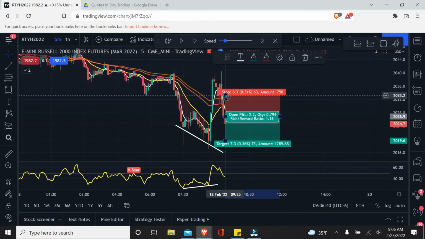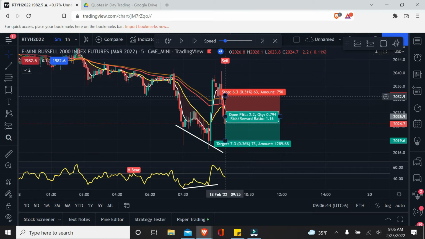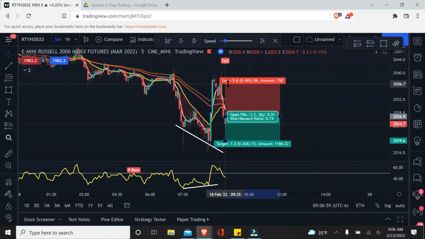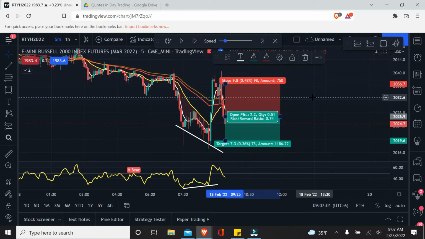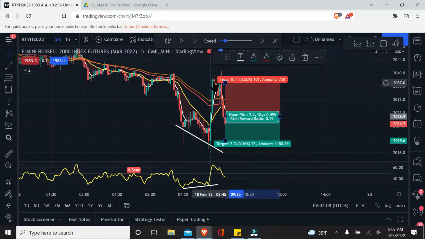If we go up here, with this indicator, the sell signals are based on a multiplier for the ATR, the average true range, so you could actually change it to the way you like it. Obviously, I don't want to take a 15-point stop loss, so I'll probably move it to the previous high, 9.8, but I like to use an even number, so I'll probably go to 10. All right, that's close enough.